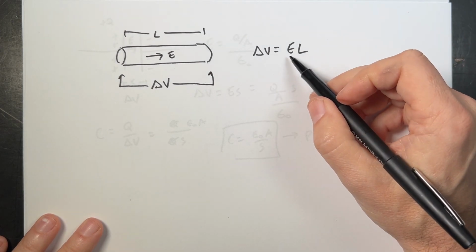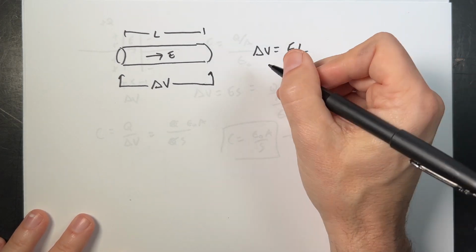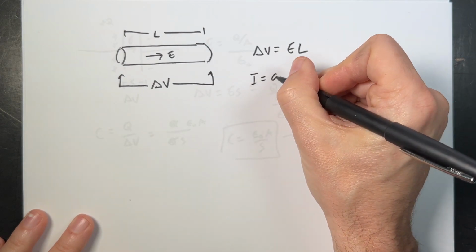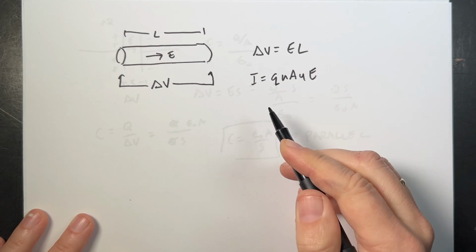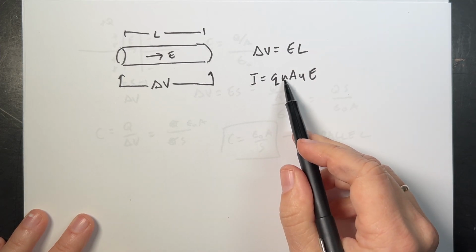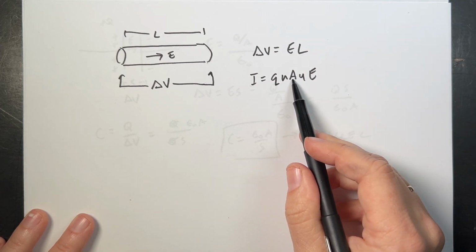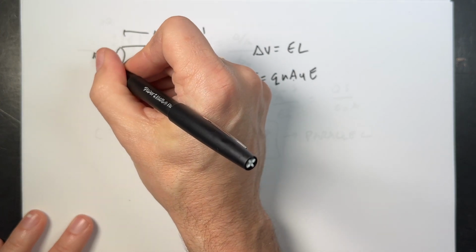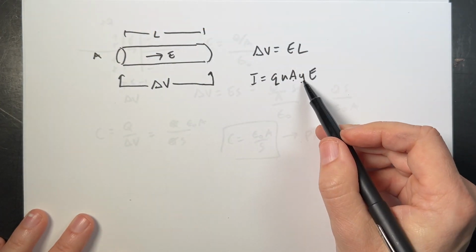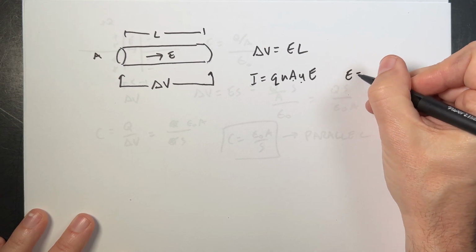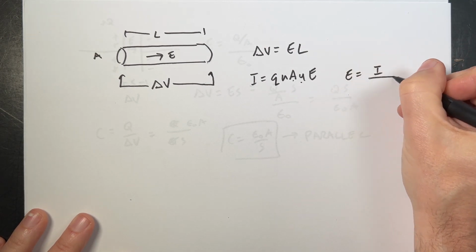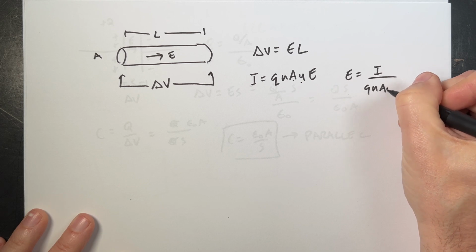I also know that the electric current depends on the electric field. Remember, I equals Q n A u E: charge carrier density, cross-sectional area A, electron mobility, which depends on the material, and E. So if I solve this for E, I get E equals I over Q n A u.